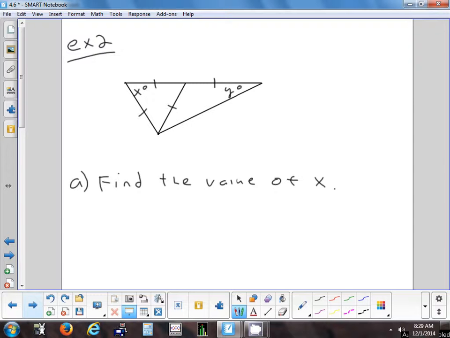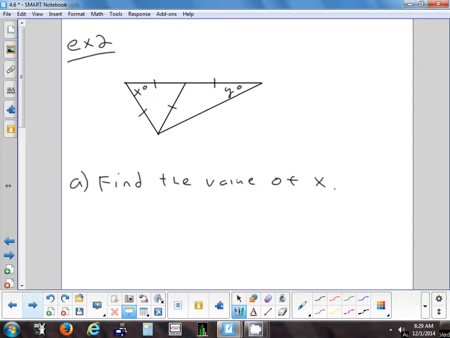And you do have to look at those markings, because without those markings, you couldn't do it. But those help us a lot.